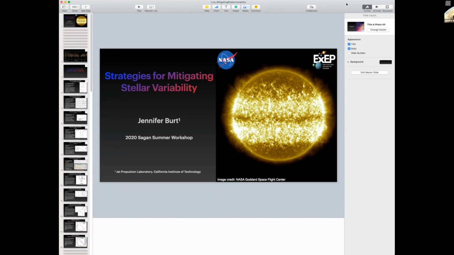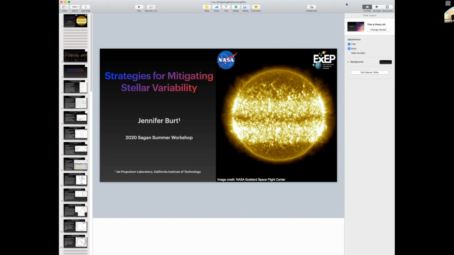For the M stars, things do start to change quite a bit. The amount of energy they give off and the type of energy is quite different. The spots are often a bit more apparent when looking, and so it can be easier to see the rotational modulation of the stars. But things like the calcium lines that are the traditional activity indicator for sun-like stars, like I said, are often very hard to measure for M dwarfs.